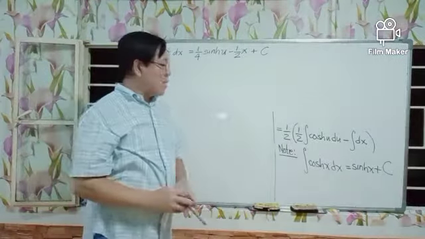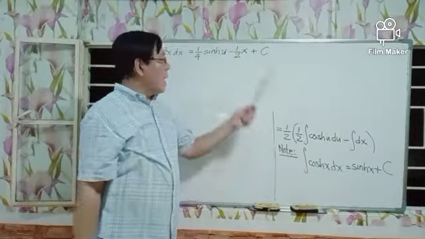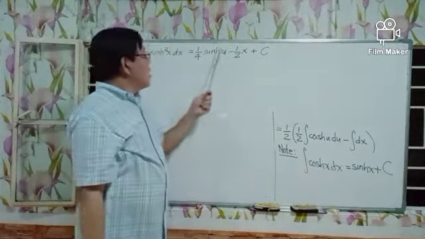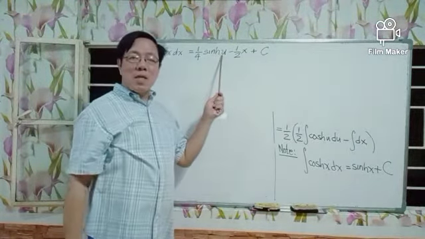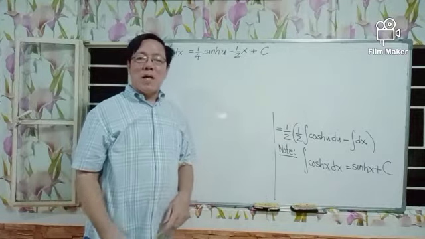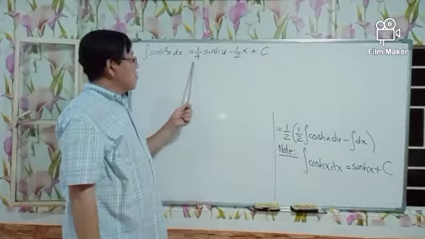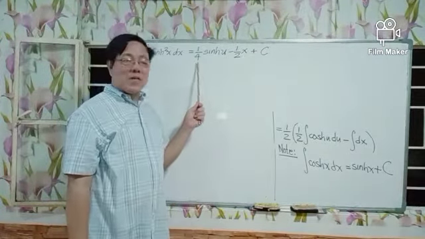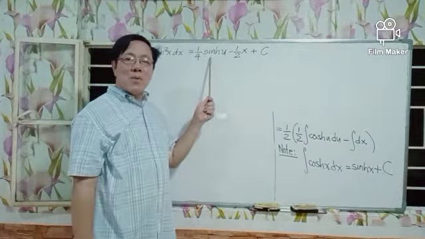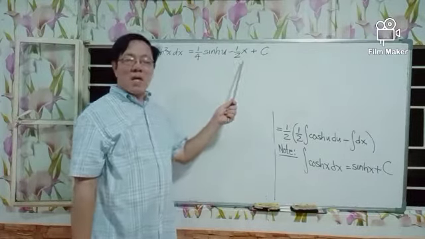Since we have integrated the two terms, we now add the constant of integration. And we replace u with its value. Earlier, we let u equals 2x. So this becomes 1/4 times hyperbolic sine of 2x minus 1/2 x plus c.